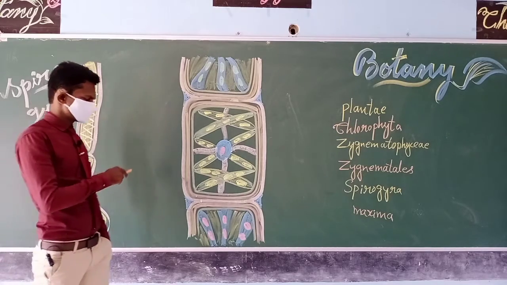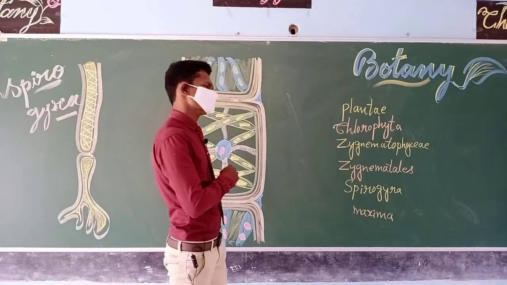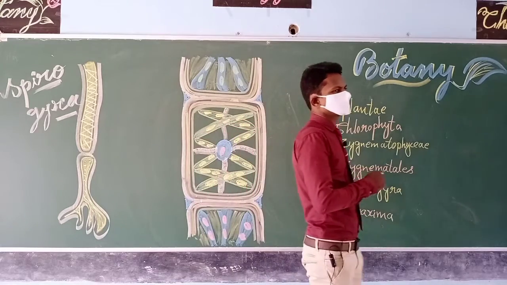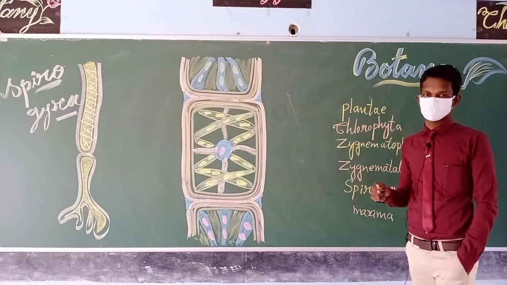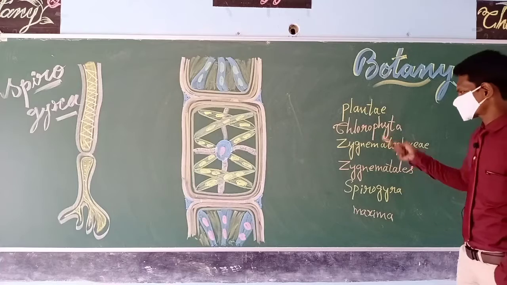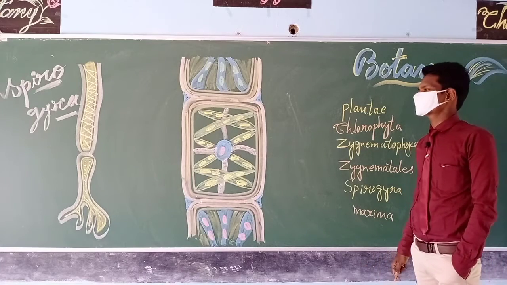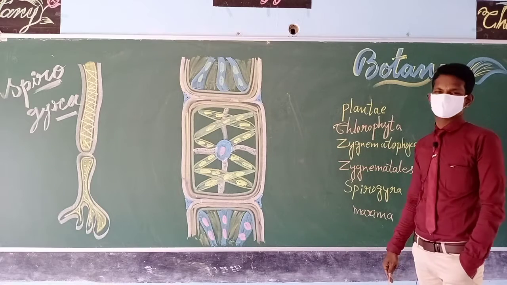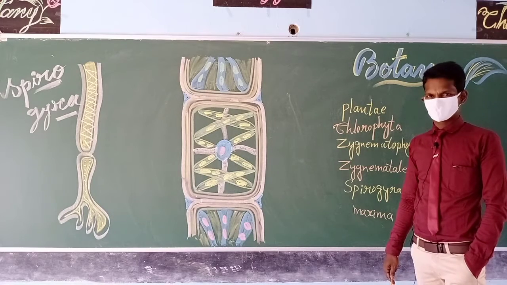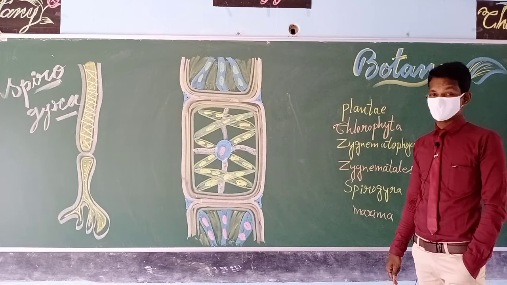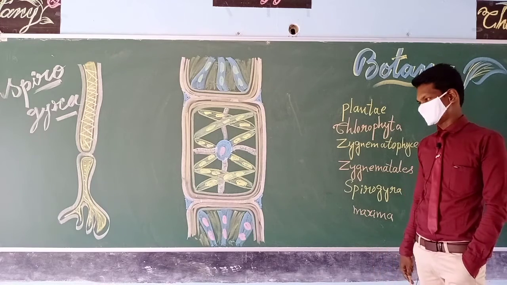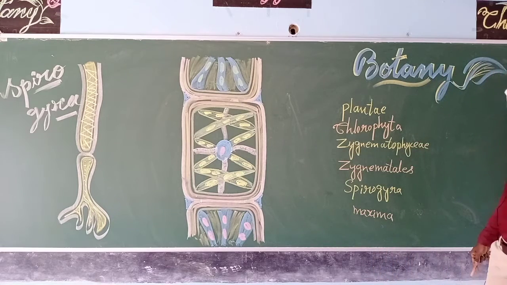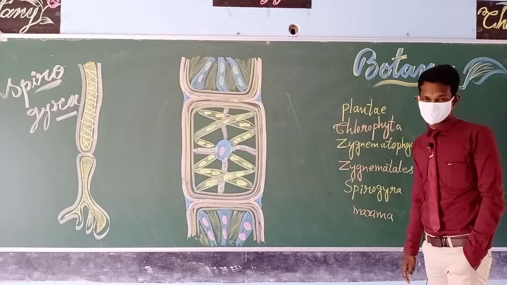So the common name of our Spirogyra maxima is water silk. Why? Because it's too shiny due to the presence of different parts in it. So this is about habitat. Aquatic, this is freshwater.